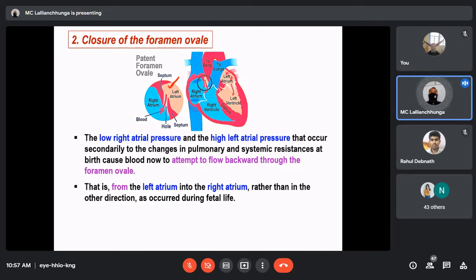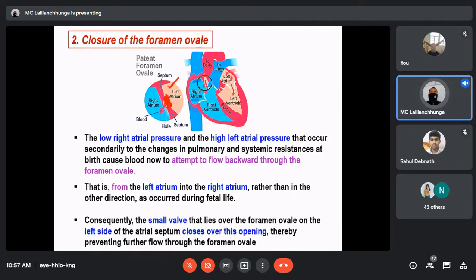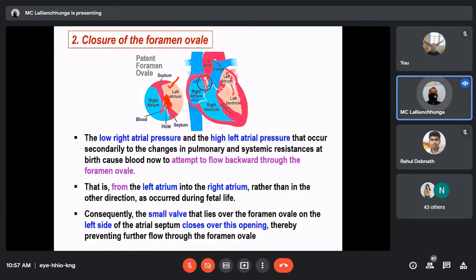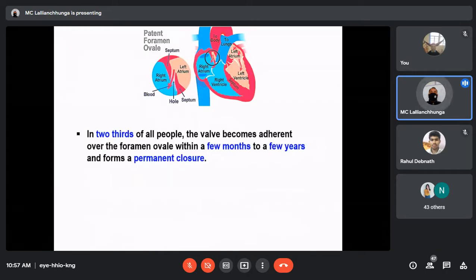But you have to remember that there is a valve, and this valve will close over the opening so that it prevents backflow. In two-thirds of all people, the valve becomes adherent over the foramen ovale within a few months or few years and forms a permanent closure.